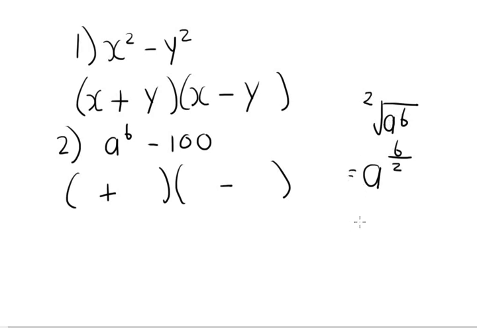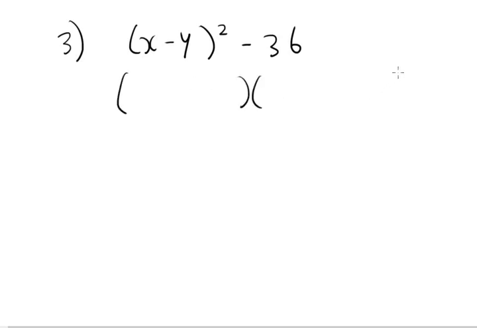So my answer over here will be a to the power of 3, because a to the power of 3 multiplied by a to the power of 3 gives me a to the power of 6. And then the square root of 100 will give us 10. And that's basically my answer. I also have to watch over here to see if I can factorize further, which in this case I cannot.